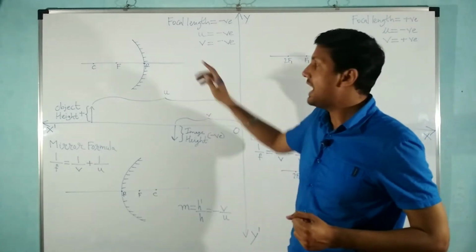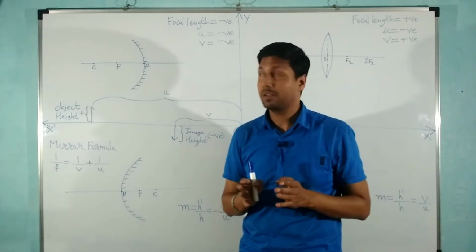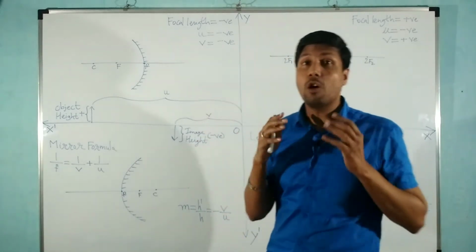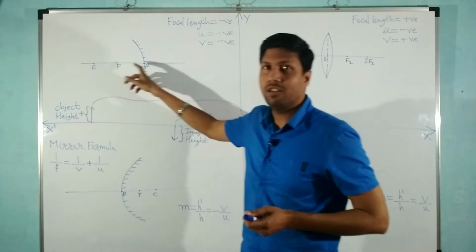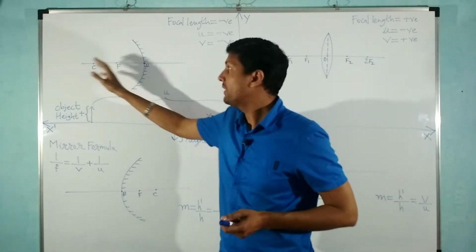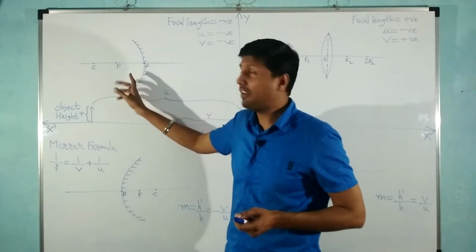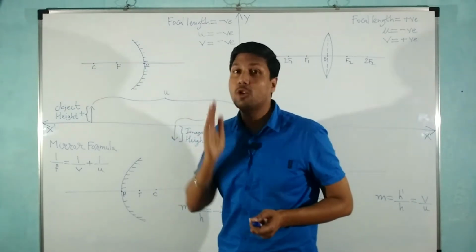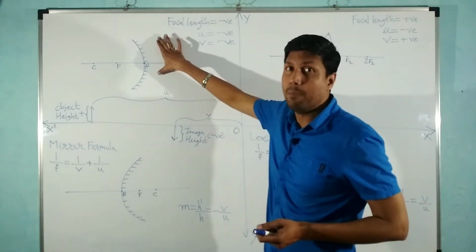And the object distance, U, is always going to be negative because the object has to be somewhere on this principal axis, on the left side of the pole. So the object distance is always negative in the case of a concave mirror.